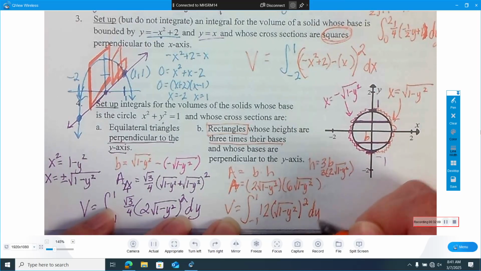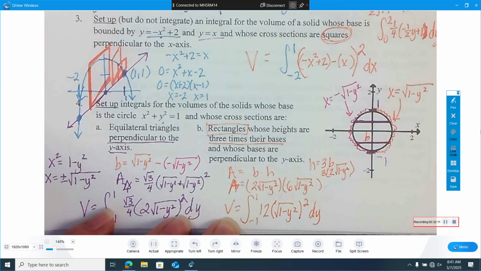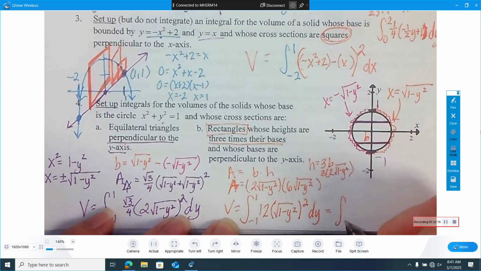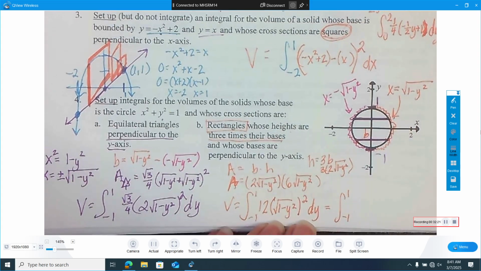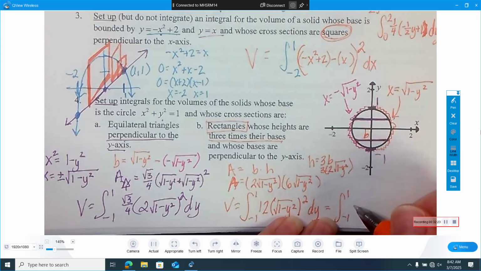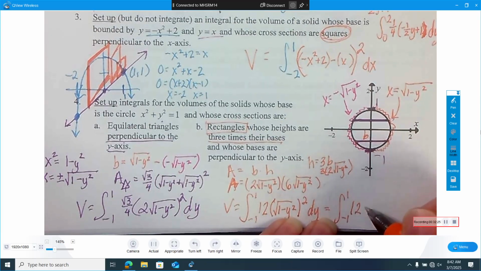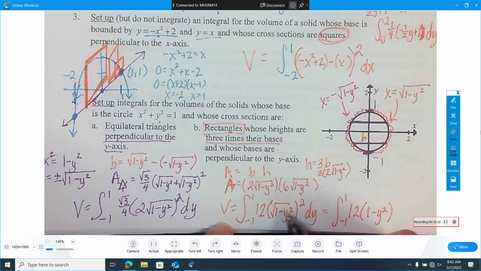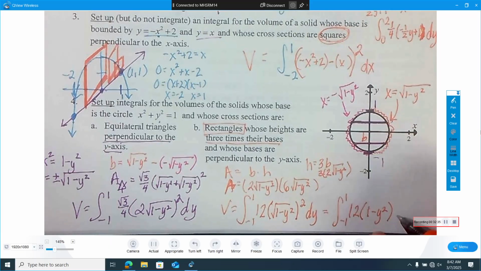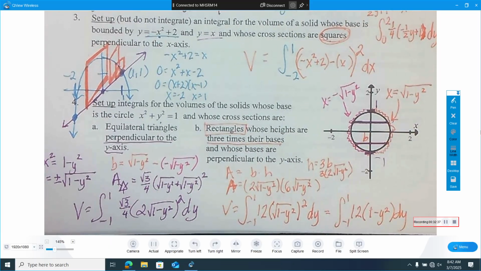Does that clean up? Because there's 2 of them, right? Yeah. You suppose they just cancel that? You don't have to do any cleanup on the AP test. But yeah, I think that sort of cleans up real nice and just becomes 1 minus y squared, because the square root and the square cancel each other out, dy. Again, that 12 could go out in front, so if you wanted to clean it up more, you could.